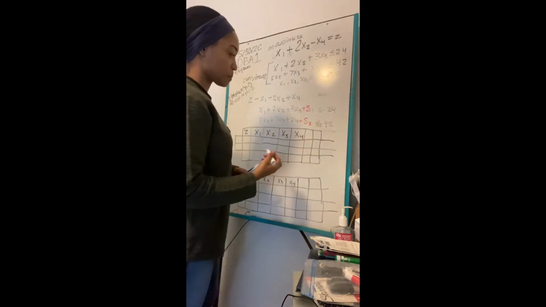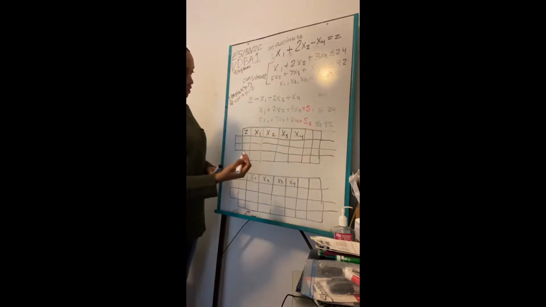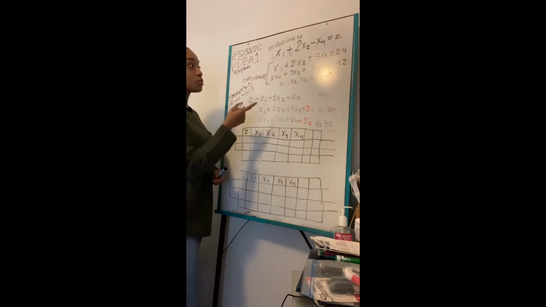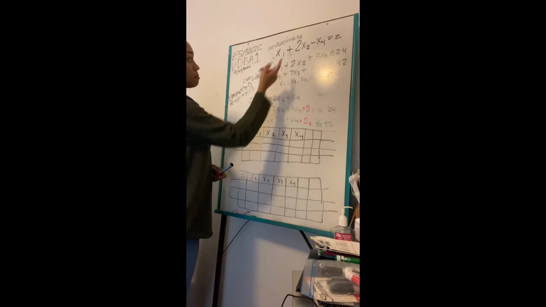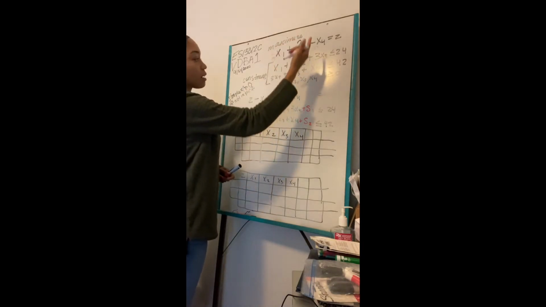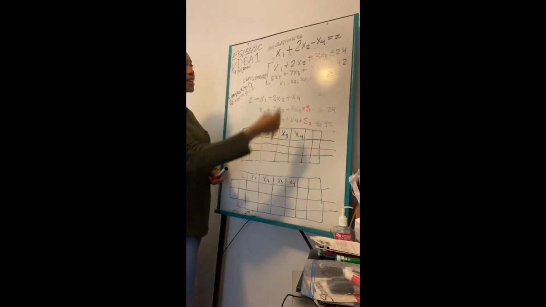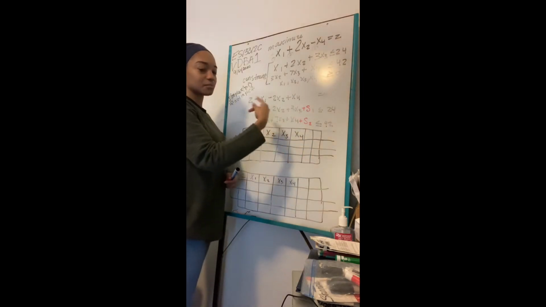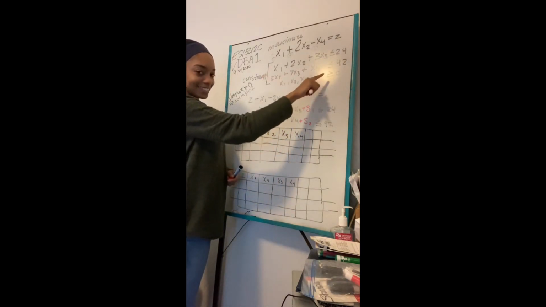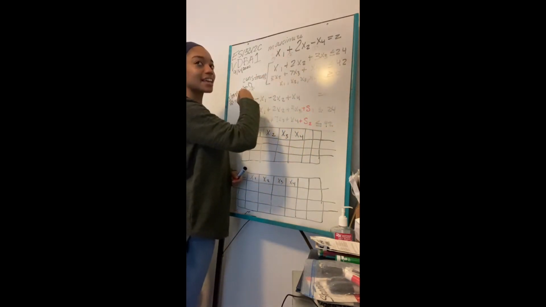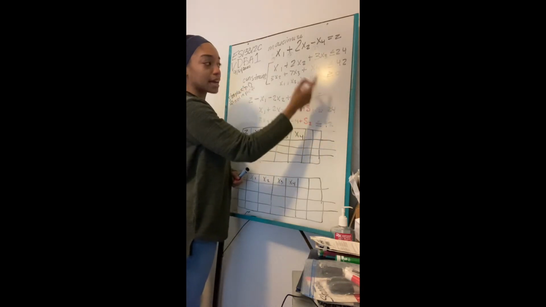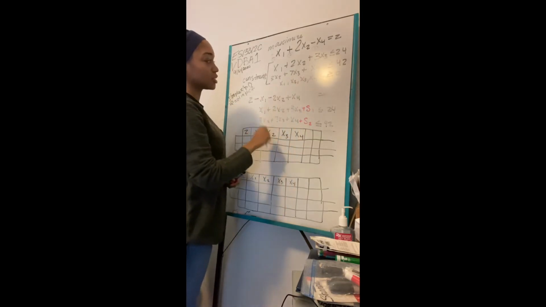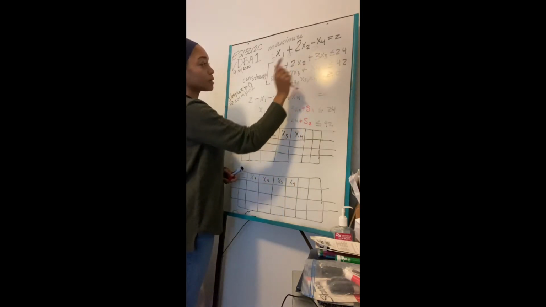Once you do that, you have to make sure the equation is set up for maximizing. When you maximize a problem, you have to make sure the constraints are all in the right form.